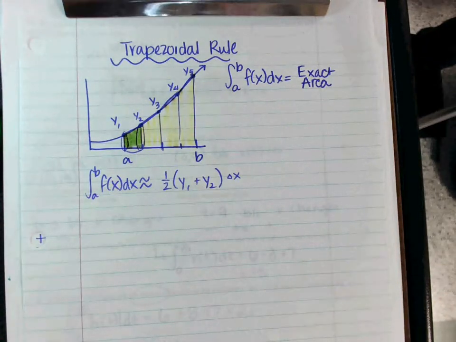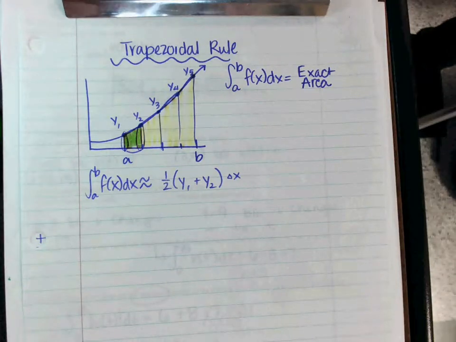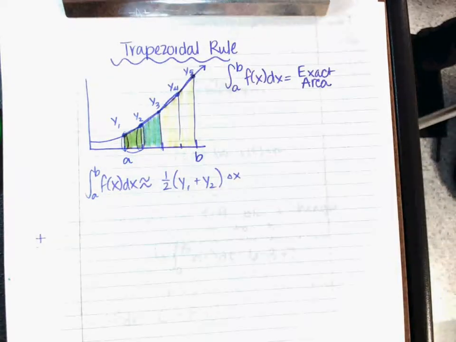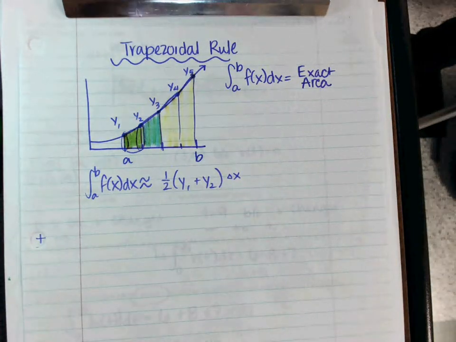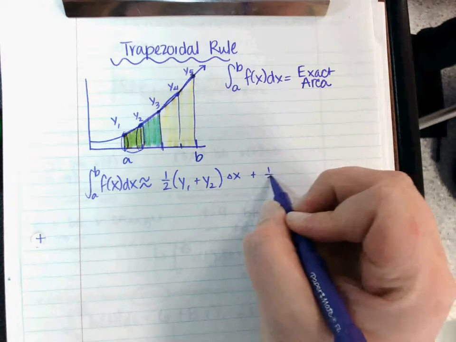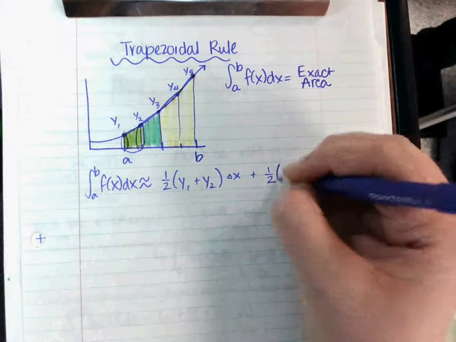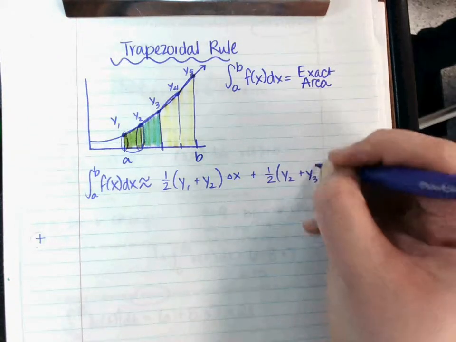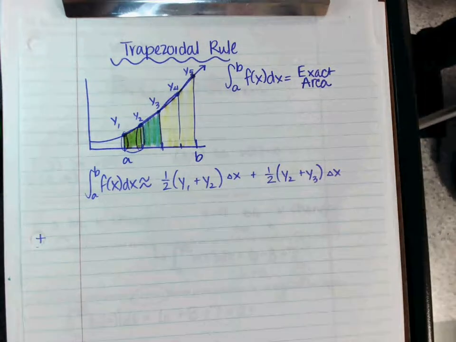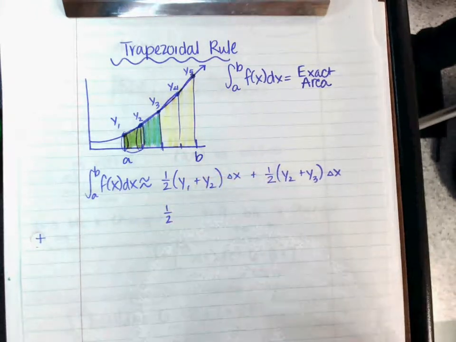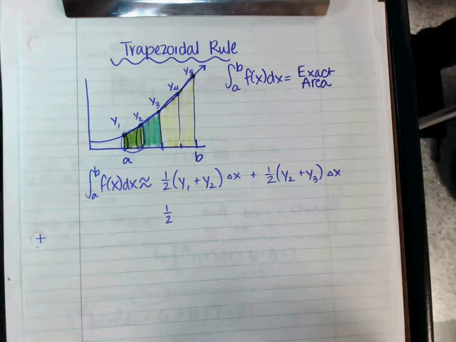Now let's do our second trapezoid. I'll do this one in blue. How would you find the area of the blue trapezoid? You do 1/2. What is base 1 and base 2 for the blue one? y2 plus y3. And then I would multiply by their delta x. Now let's do my third trapezoid. Okay, 1/2. Well, they'll be in the table, so you'll know them, or else they couldn't ask you to do it.